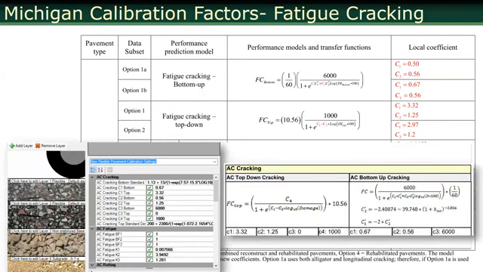If you look at the output once you run the analysis, all these numbers are very nicely documented. All the inputs that you enter are documented in the output, so you can keep track of what equations are used and all that.